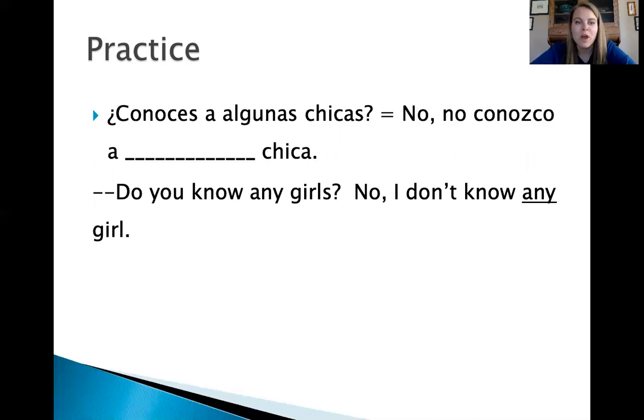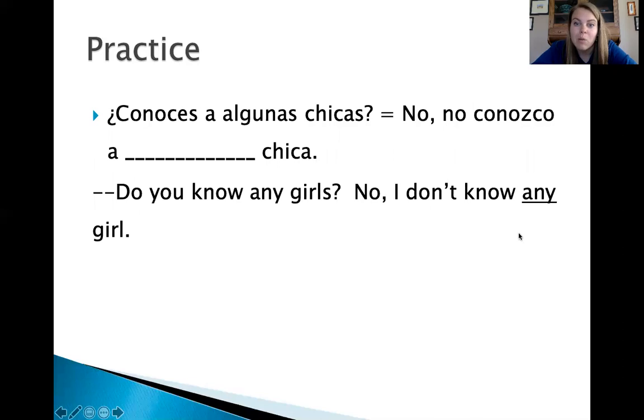And then my last example for you before you do some practice of your own for the rest of the week. ¿Conoces algunas chicas? Do you know any girls, or do you know some girls? No, no conozco a blank chica. Do I need an affirmative word or a negative word? That kind of needs to be the first question you ask yourself. Here, we will need a negative word, even though down below, any is an affirmative word.